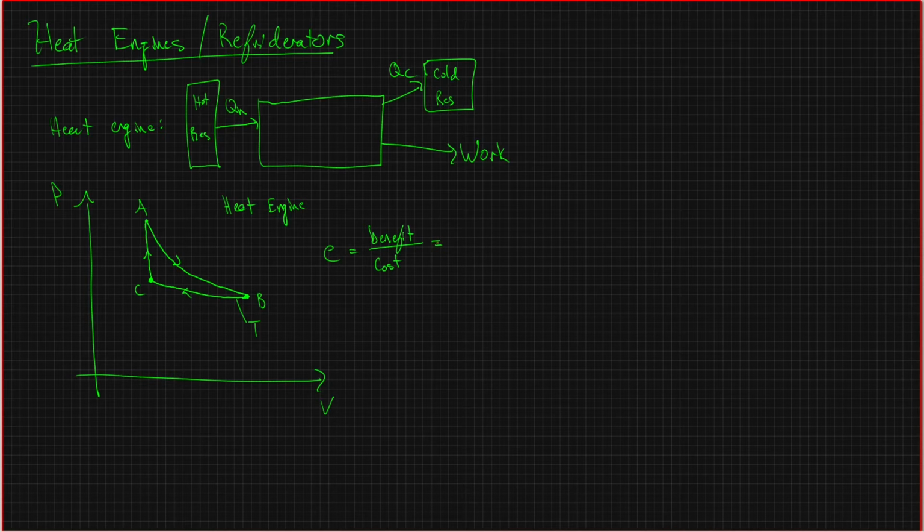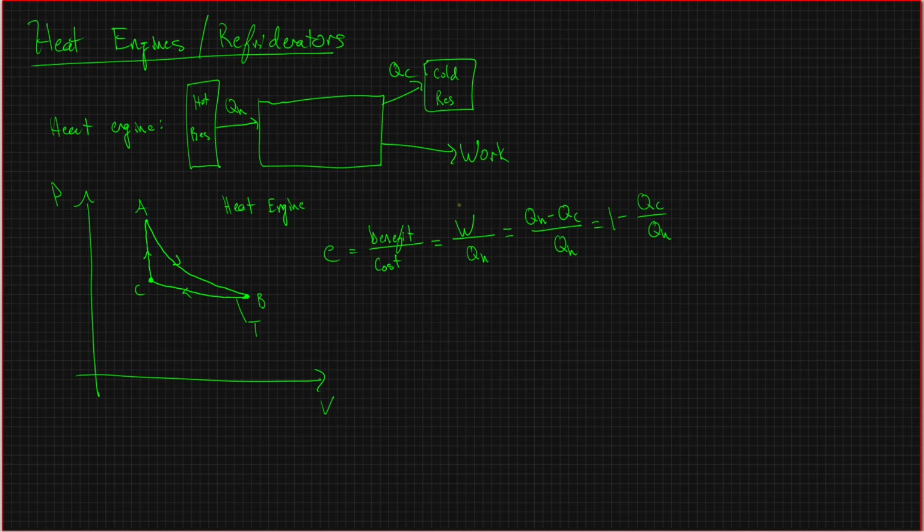The benefit is the work you get out, and the cost is the heat you have to put into the gas. Since energy is conserved, work is equal to QH minus QC, all over QH. So therefore this becomes 1 minus QC over QH.